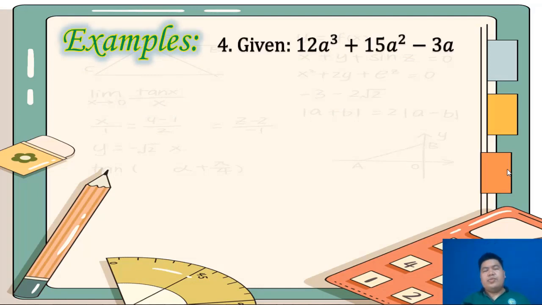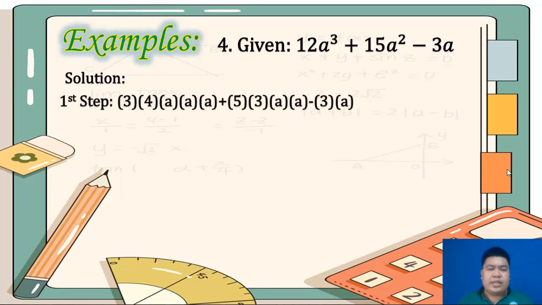Okay, now let's try to have another example. In example number 4, we have the given 12a cubed plus 15a squared minus 3a. Our solution here, step 1, factor each term. So we can see that the factor of 12a cubed is 3 multiplied by 4 multiplied by a multiplied by a multiplied by a. Plus, don't forget the signs. The factor of 15a squared is 5 multiplied by 3 multiplied by a multiplied by a.